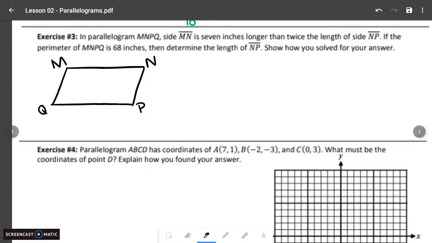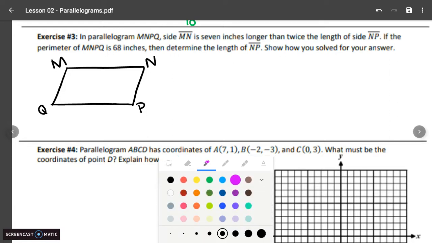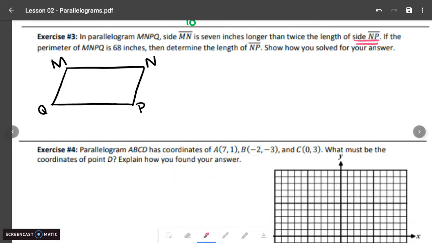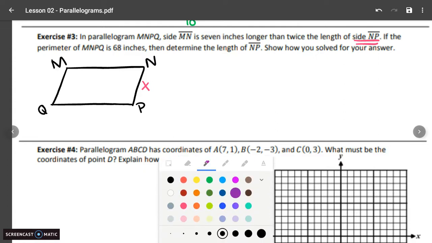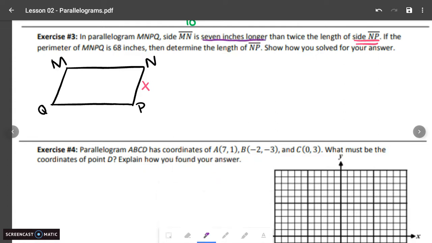Now, MN is 7 inches longer than twice the length of NP. NP is our comparison piece. We're comparing it back to NP, which means NP is x. So then, when we read the rest of this here, 7 inches longer than twice the length. So twice is going to be 2x, and longer is going to be plus 7.